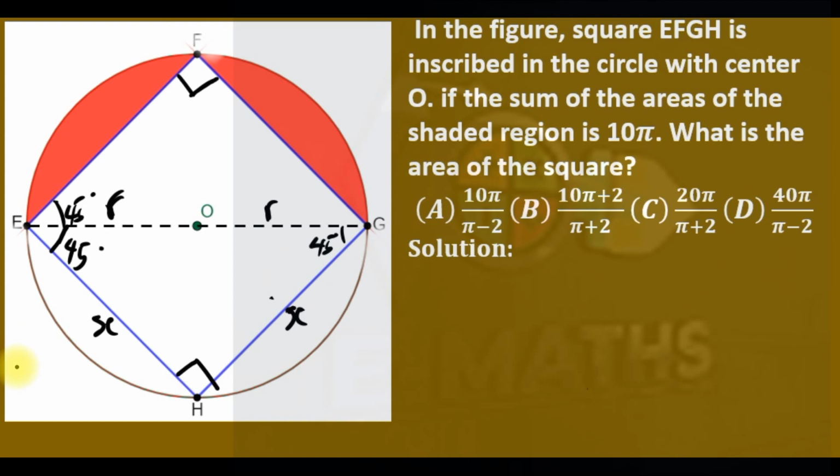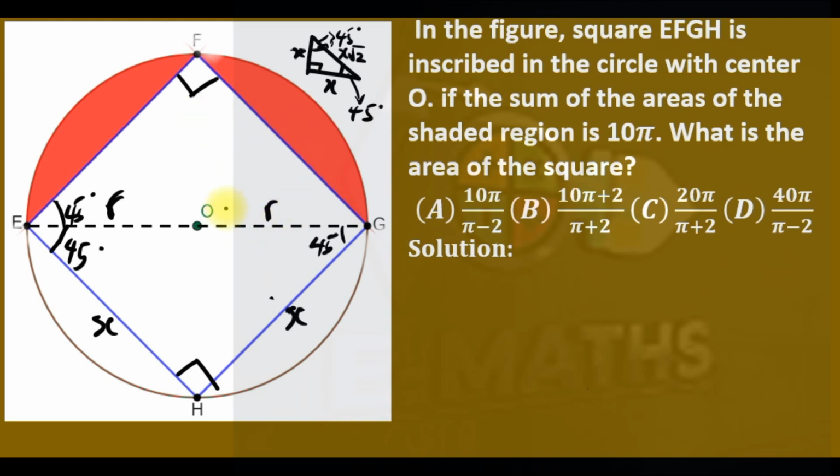From our 45, 45, 90 triangle theorem, it states that if you have a triangle where the angles are 45, this is 45 degrees, this is also 45, then the hypotenuse is just x times root 2. So that's the first thing we'll know.